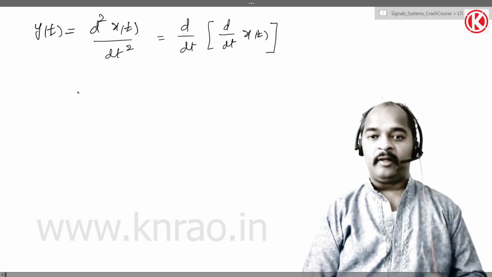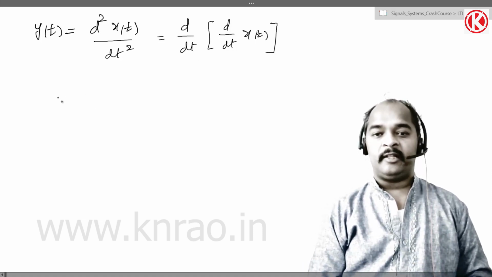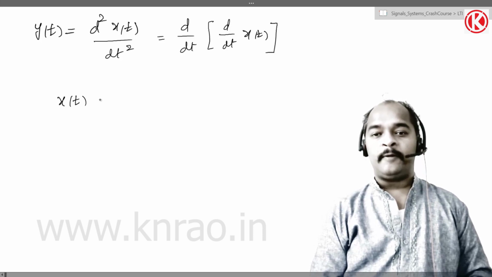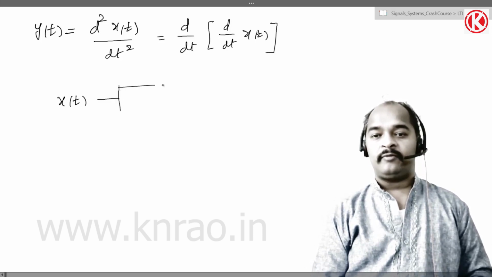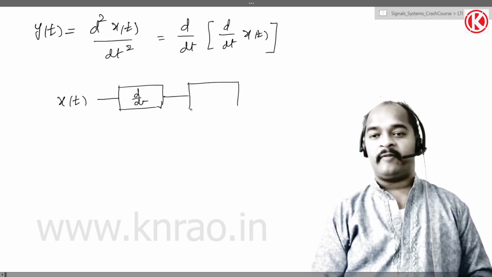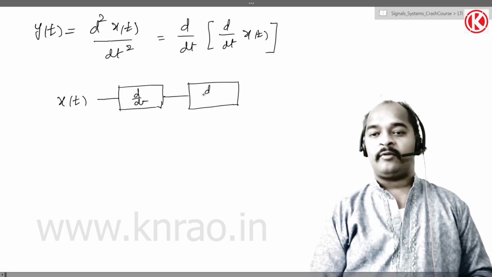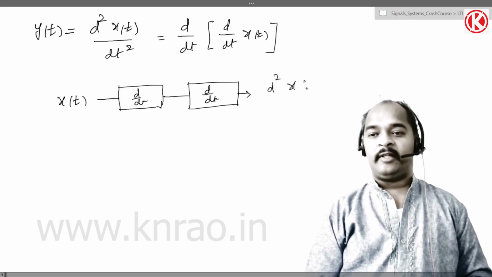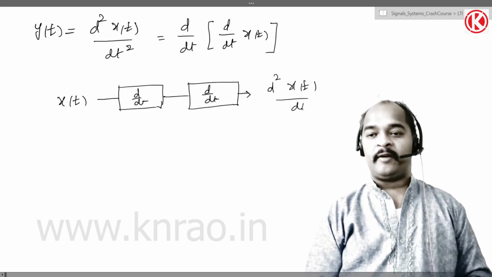So definitely this is a cascade of two differentiators. x of t is passed through the first differentiator, d by dt, and then again through a second differentiator, so you finally get d square x of t by dt square.